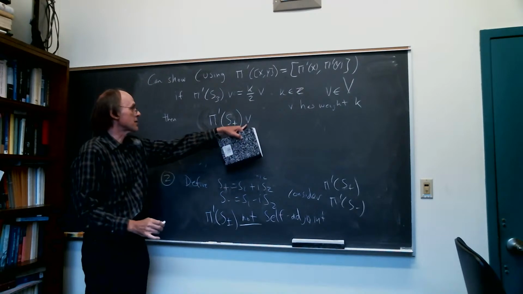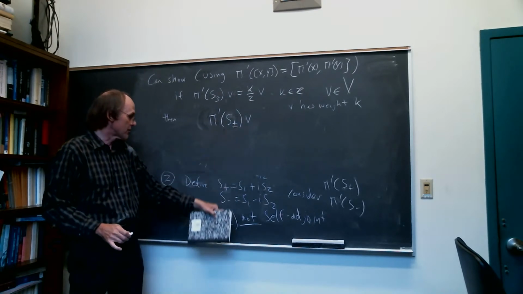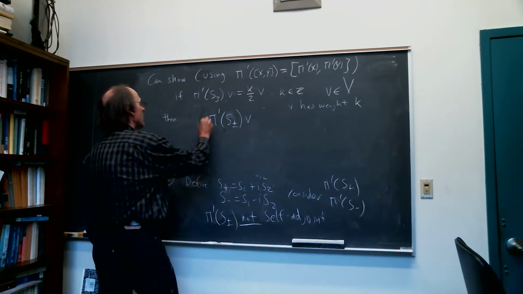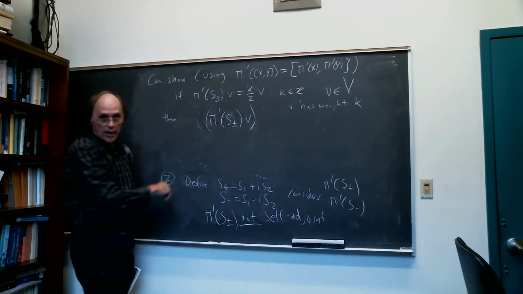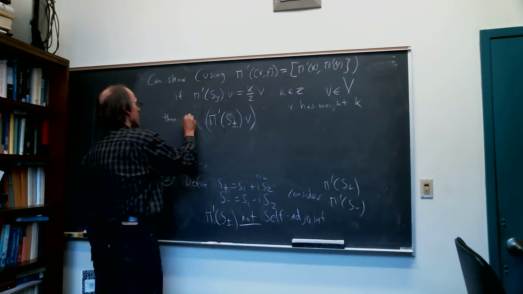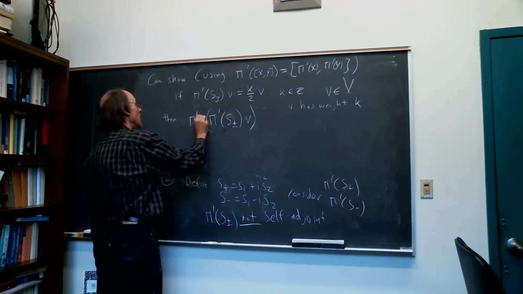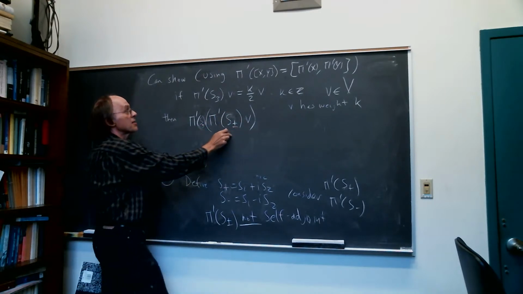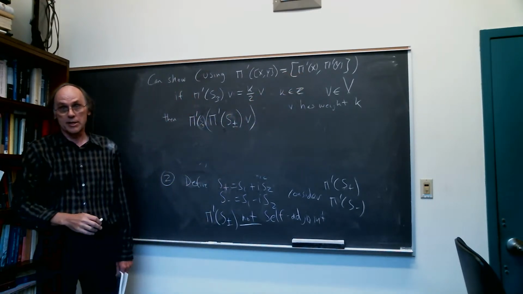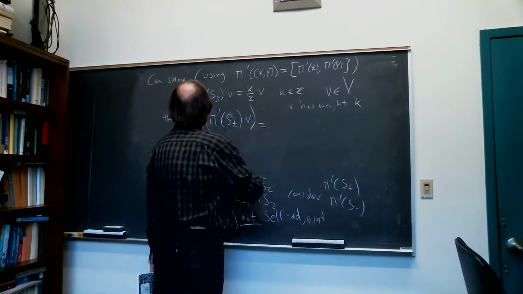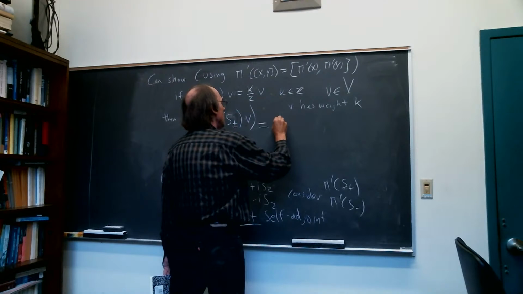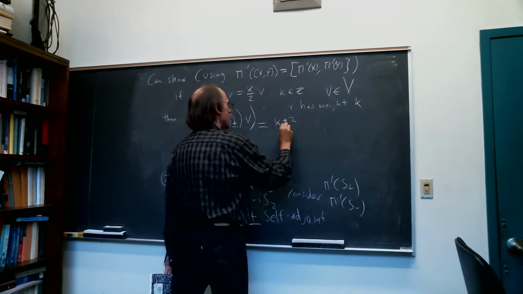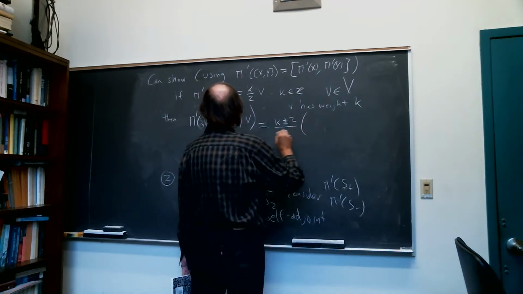You hit this vector with these operators, which I constructed from these non-self-adjoint operators. Then you can ask what's the weight of the result, and you compute it. To do this computation, you have to use the commutation relation. What you find is that the weight is k plus or minus 2, over 2 times the same thing.